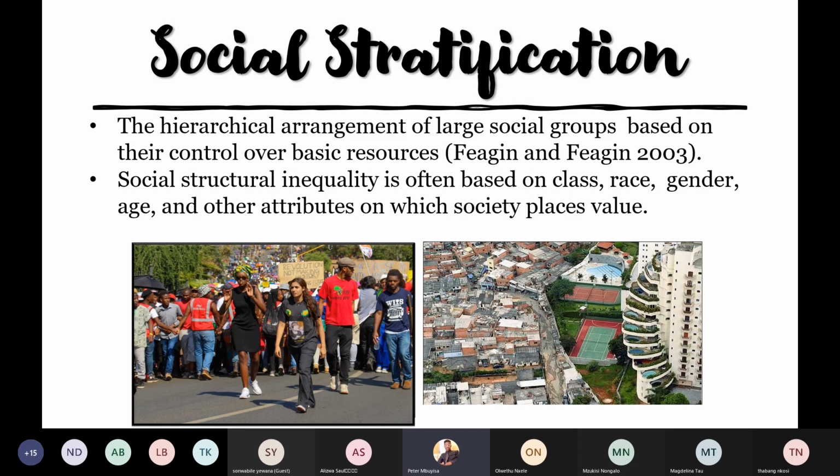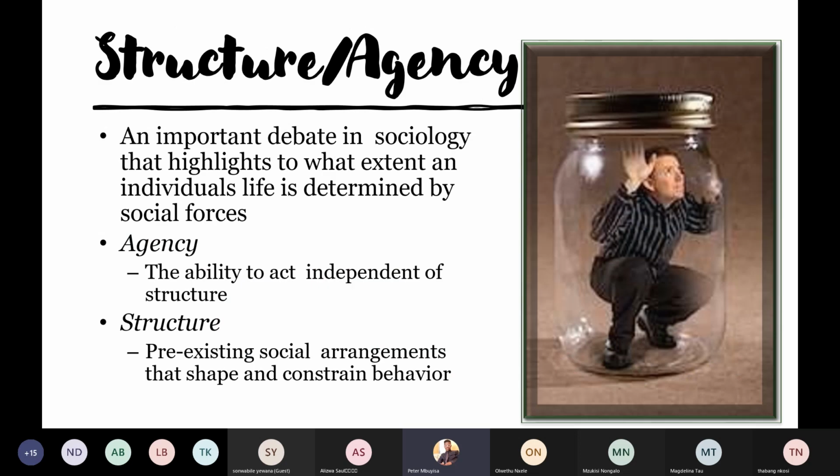to say that we need an equal chance at education, just like people of higher social status. So in this case, these individuals have what? They have a sense of agency because they are able to act against the pre-existing social arrangements of society. And those social arrangements are, for example in South Africa, a result of our apartheid past. As a result, there has been a lot of inequality within education institutions.